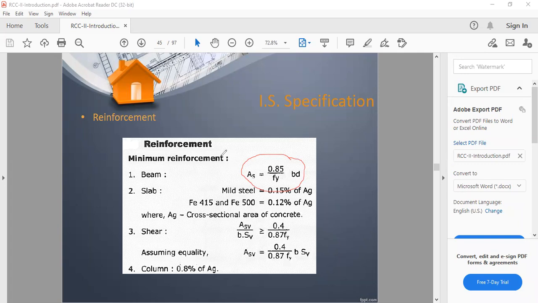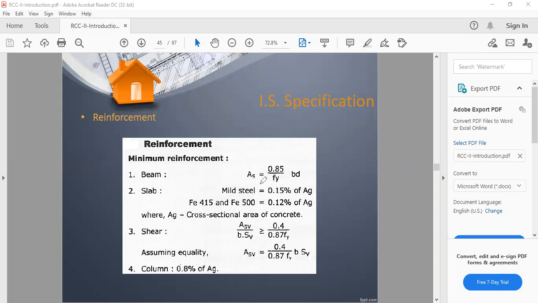Asc is the reinforcement area, B is the width, and D is the effective depth of the beam.